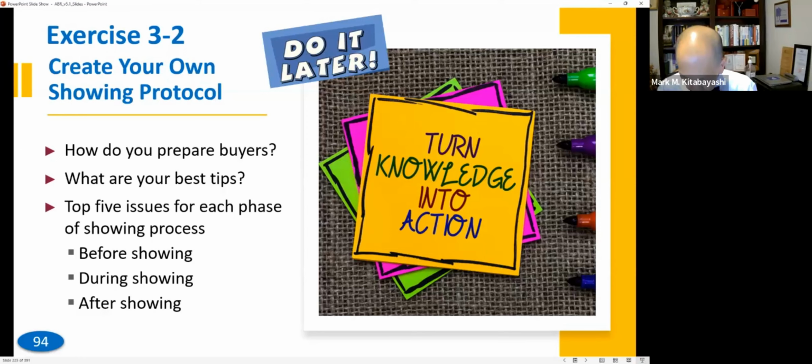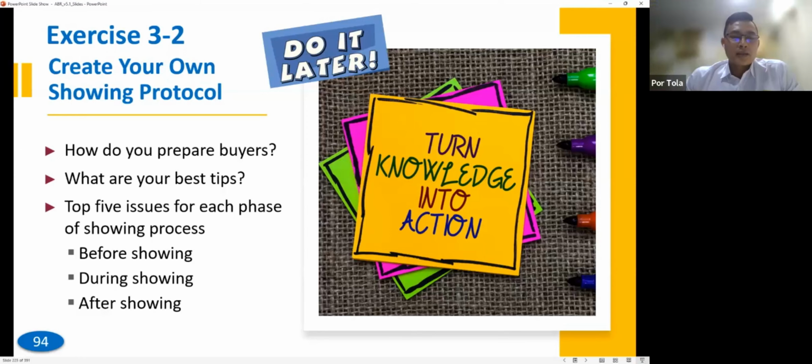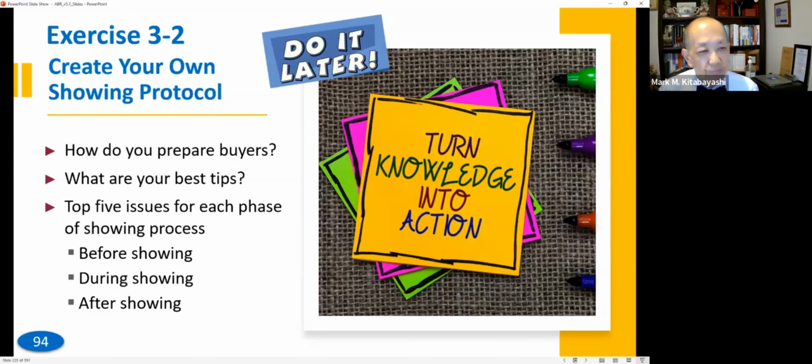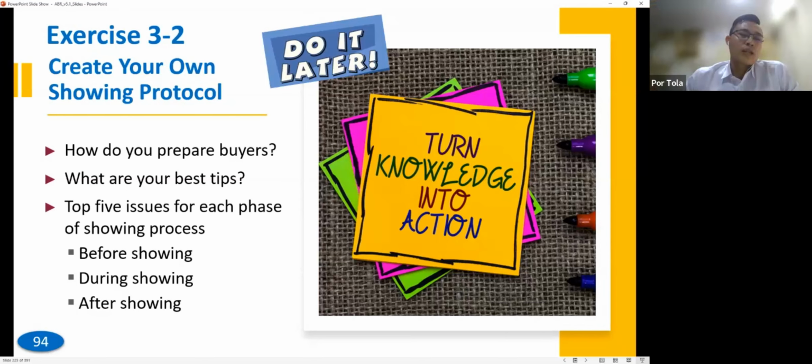Like for me, I have some sellers who gave the house key to me, because sometimes they just buy the house and keep it, not living there, so we can go anytime to show the client.